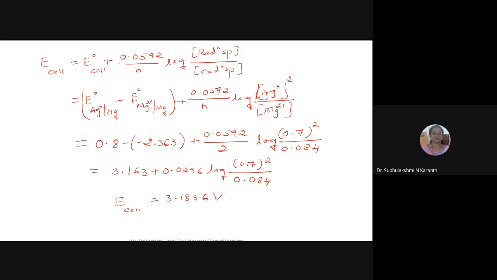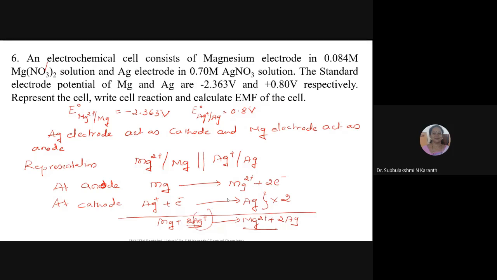You just use a calculator and calculate it. Make the practice, otherwise it is difficult. Find the log of 0.7 squared divided by 0.084, multiply by 0.0296, and add 3.163. We will get 3.1856 volt.